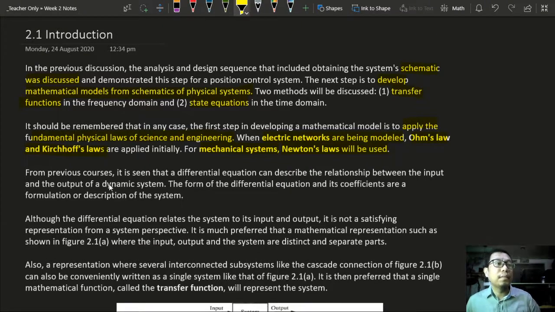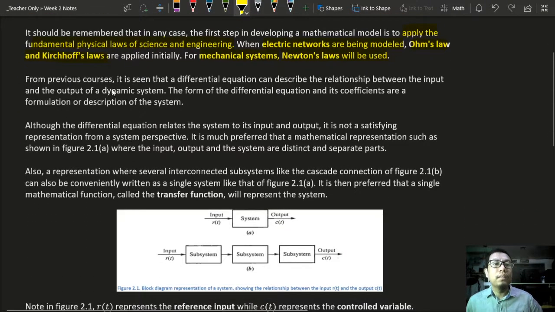Okay. Now, for a dynamic system, batandaan natin na for a dynamic system, for us to be able to relate the input and the output, okay, differential equation ang description ng system nila or ng model nila. Okay. So, para ma-relate natin yung input dun sa output. Okay.